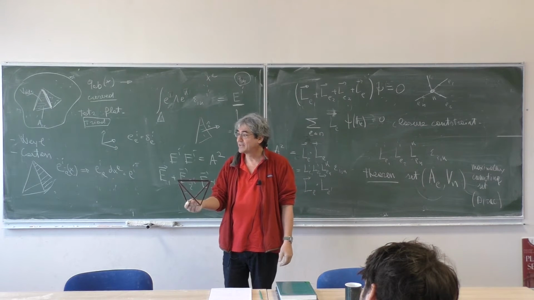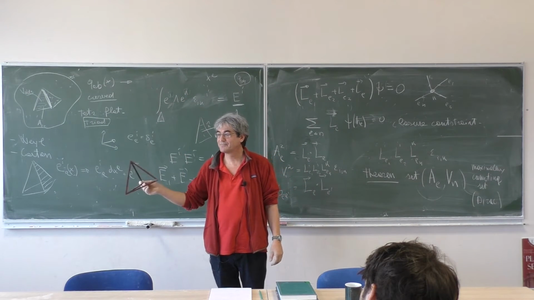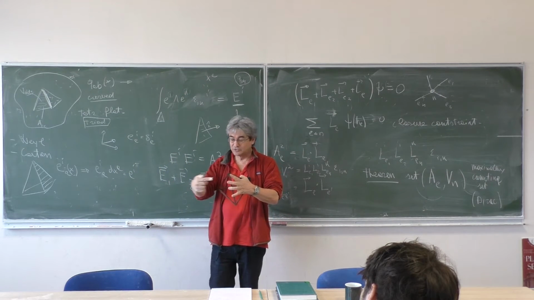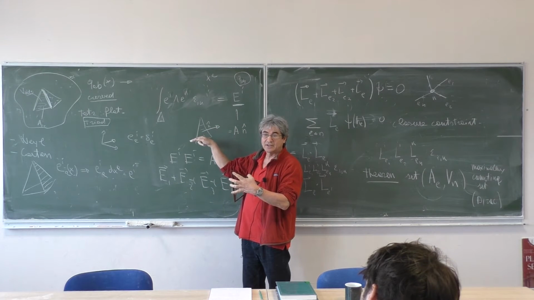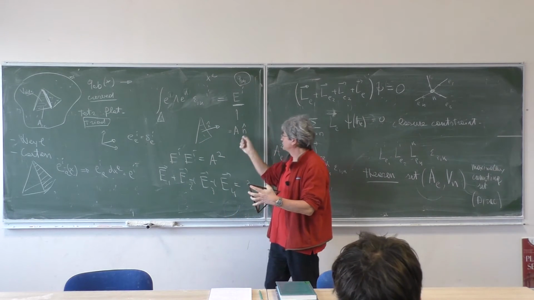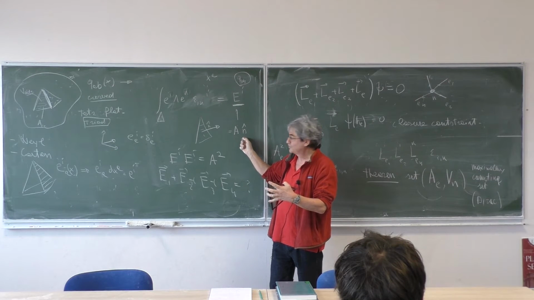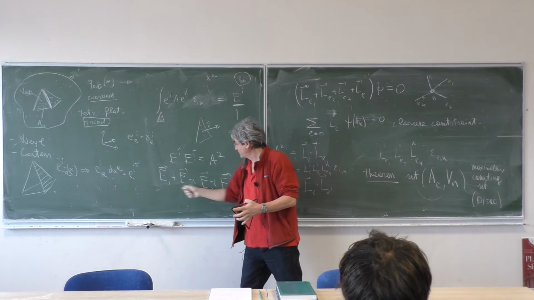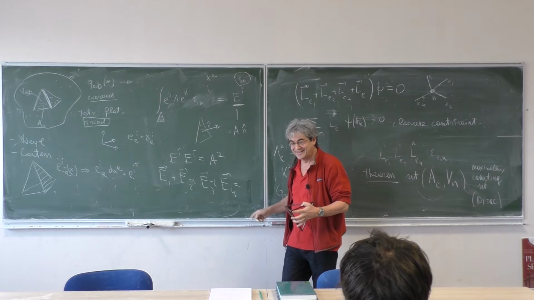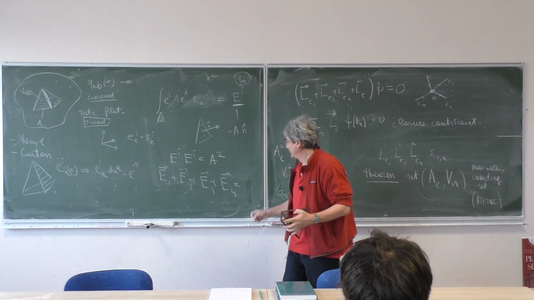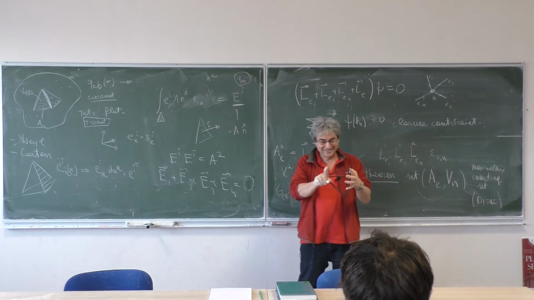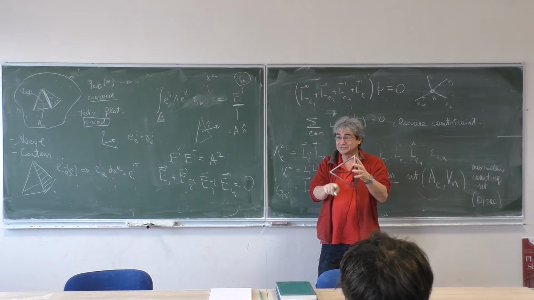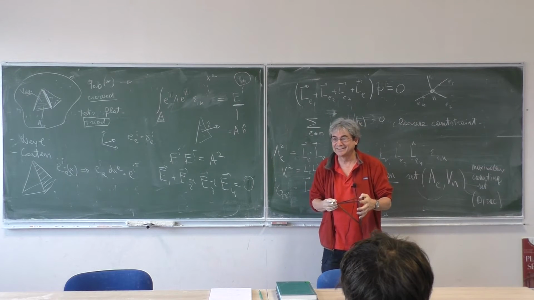What happens? Nothing, it doesn't move up and down. But when you squeeze it, there is a force, and the force is normal to the face, and since the pressure is constant, it's proportional to the area. So the force is given by this vector here, and since under pressure it doesn't move, the sum of the forces must be 0. So that was Roger Penrose's proof that the sum of the 4 vectors normal to the faces and proportional to the area is 0.